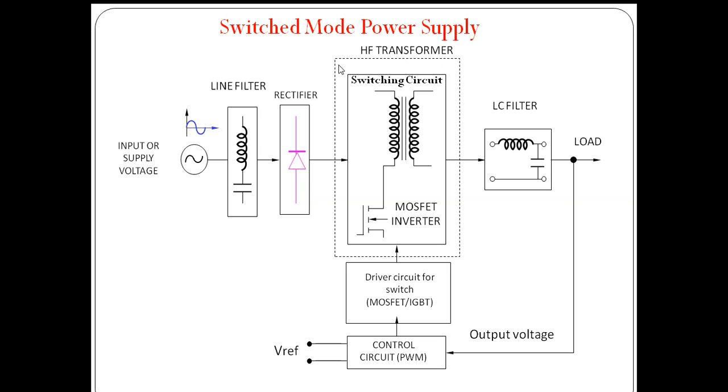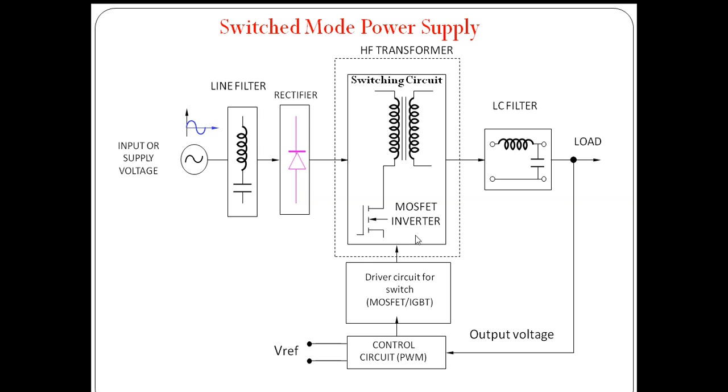Here it will be sent to a high frequency transformer, and here we are having the switching circuit. We are using an isolation transformer. If there are any unwanted components, they will be removed here, and the DC supply will be given to the inverter.